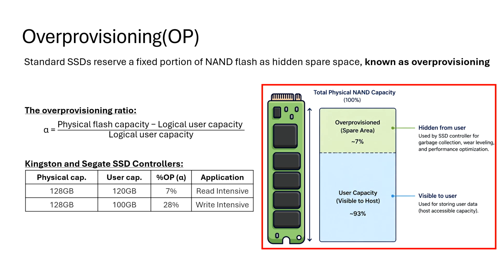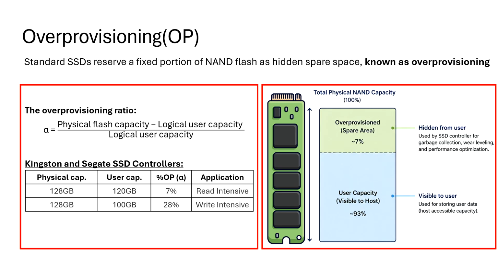So whenever you install an SSD, if you see the properties, you will see that it is not actually the 1 terabyte you have bought. That might be a little bit less. So the over provisioning ratio is the key factor here.